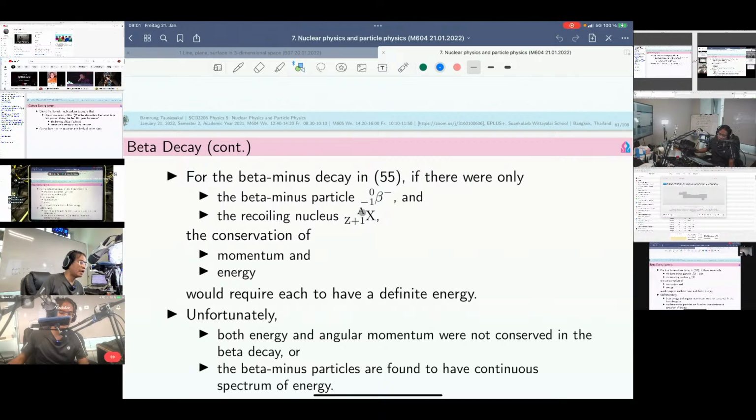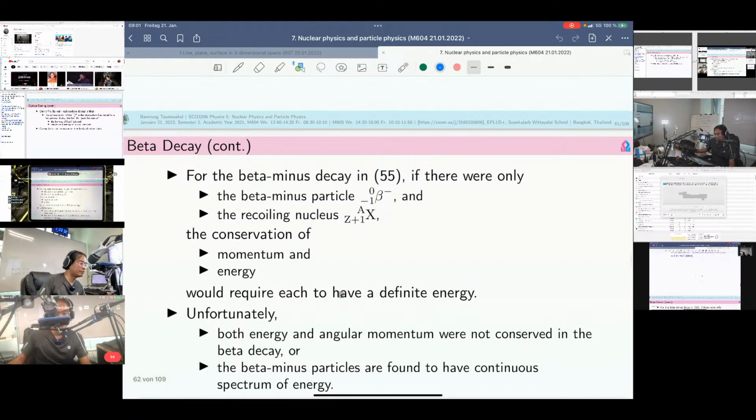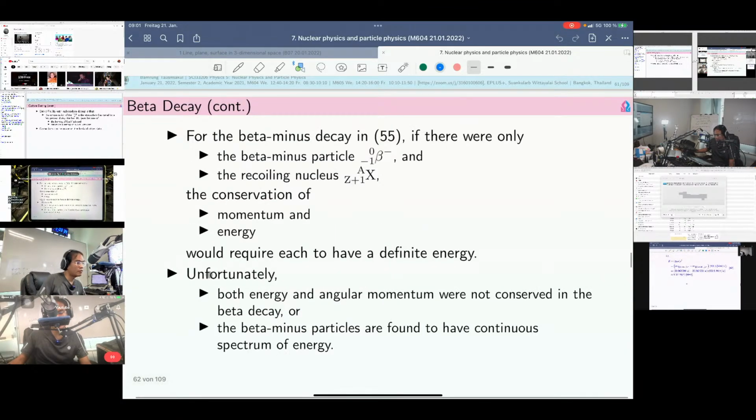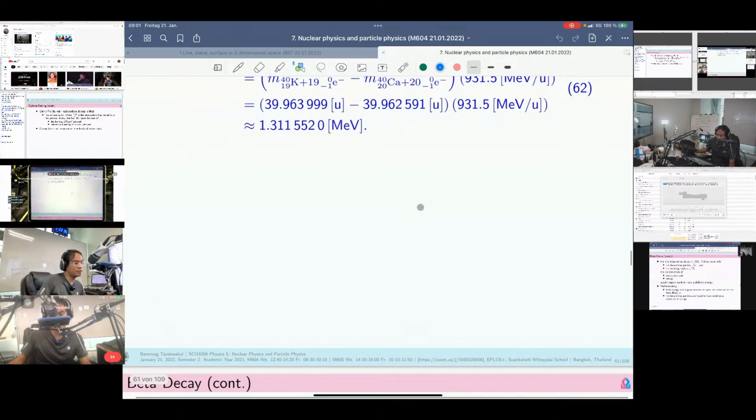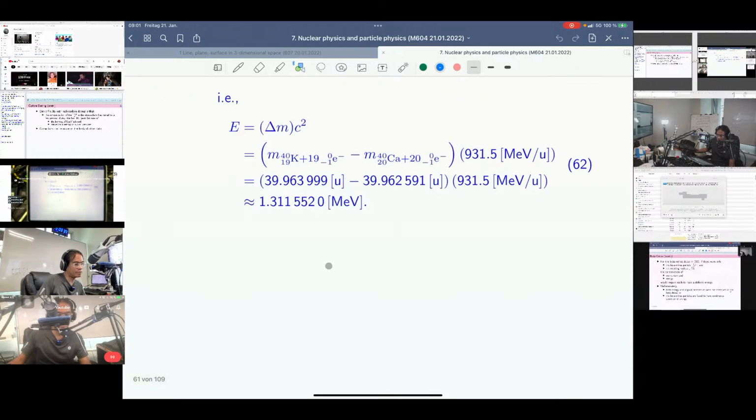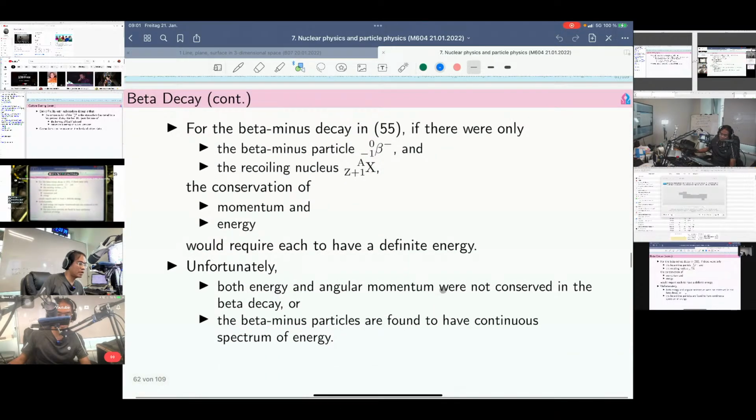There is conservation of momentum and energy in this process, and usually it's required to have a definite energy. But from the calculation in the two previous examples, as you have seen, both energy and angular momentum were not conserved in the beta decay, and beta minus particles are found to have a continuous spectrum of energy.